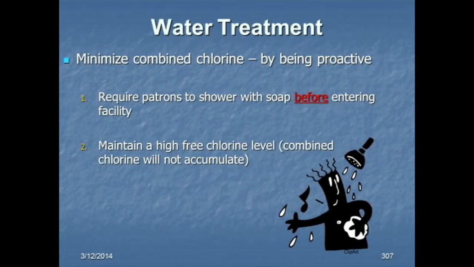Another example is reducing the combined chlorine, or not letting it form in the first place. If you maintain a high free available chlorine level, the combined chlorine is not allowed to accumulate. What happens there? On this side of the chemical reaction, you've got a large amount of free available chlorine. If you've got a lot of free available chlorine, that chemical reaction is not going to stop in the middle.